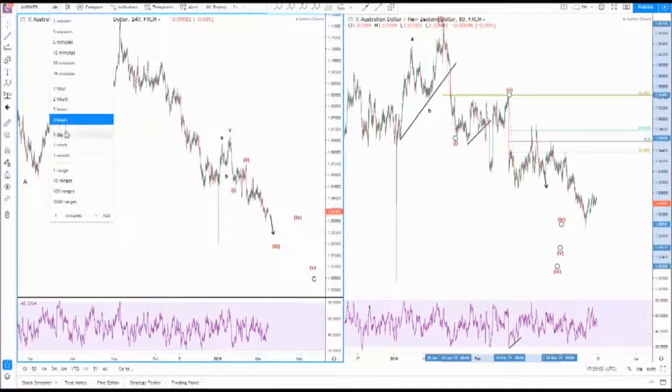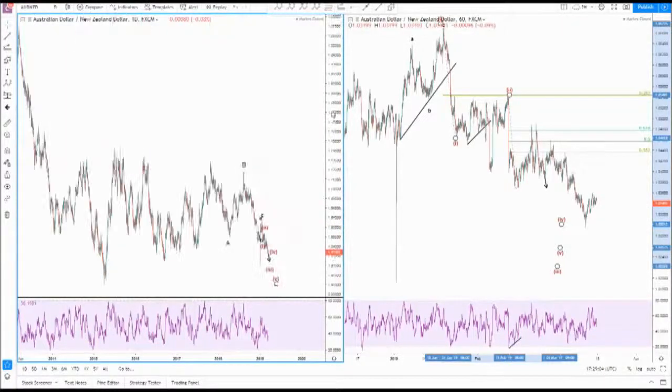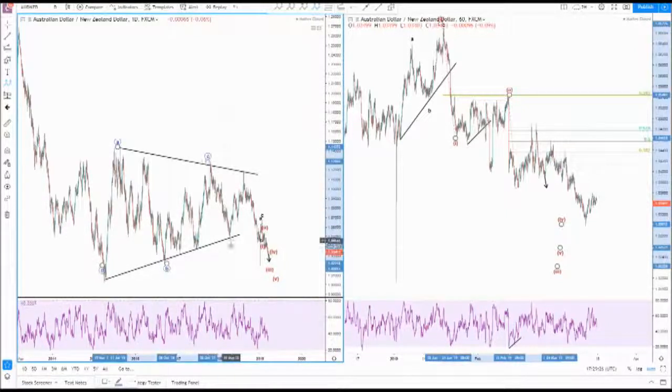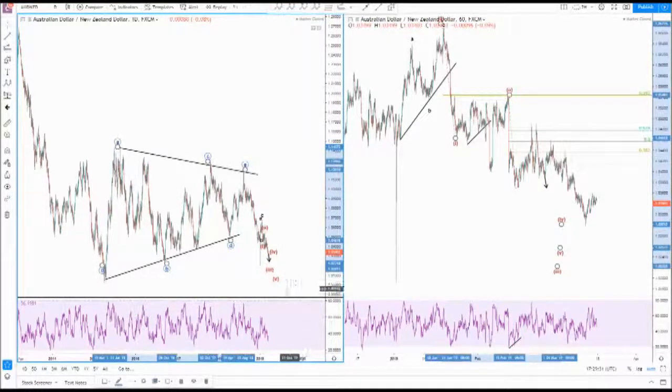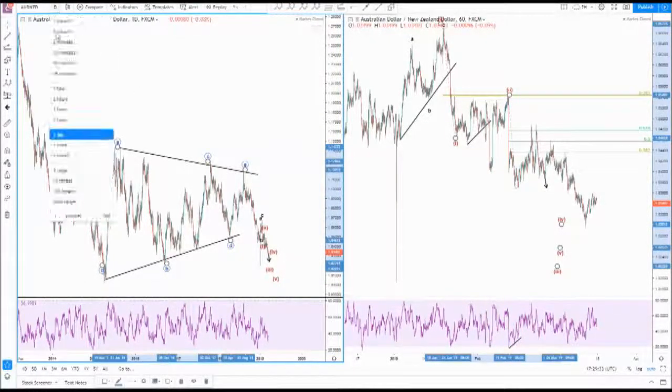If we just quickly check the daily. So we actually broke down a triangle. I'd be tempted actually to get rid of that and draw in the triangle here and here, label it with the triangle, so this would be A, B, C, D, E, and then from wave E, once you get 5 waves down, that's usually your last, that's usually the terminal wave.